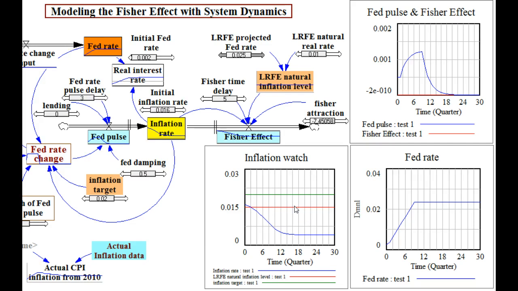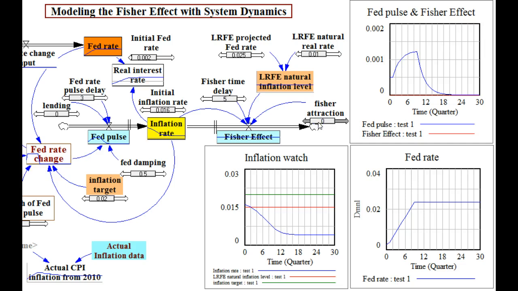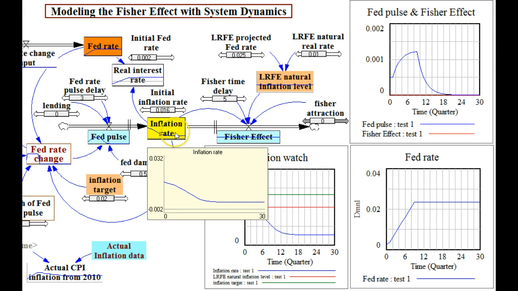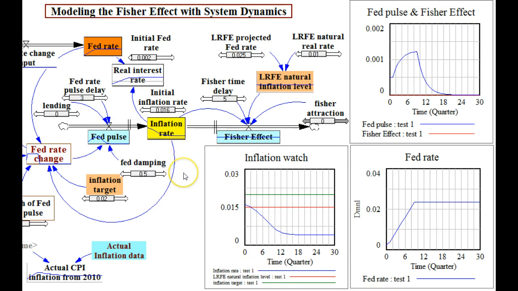So what I've done here is I have shut down the Fisher long-run effect by giving it a 0 on the attraction. So right now the Fisher effect does not affect the inflation rate. I just want to isolate the short-run effect, like the downsloping orange line in the graph included in this post. You'll see the Fed rate down here to the lower right is on a path.